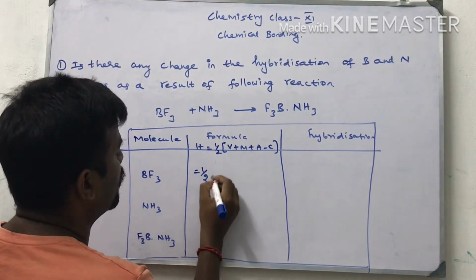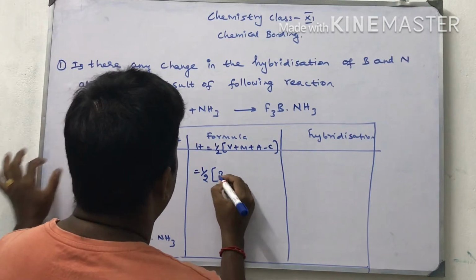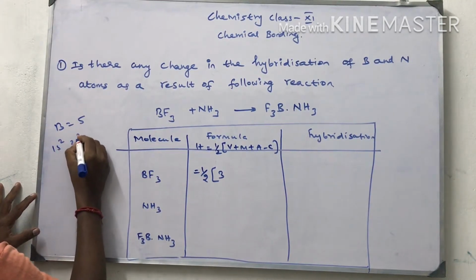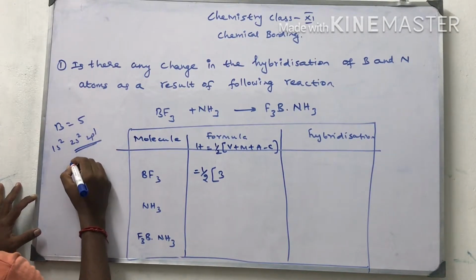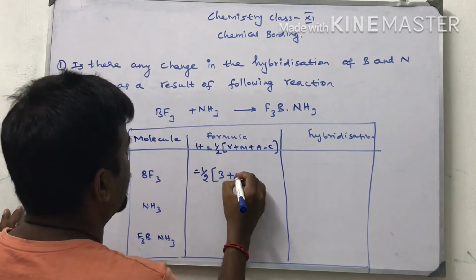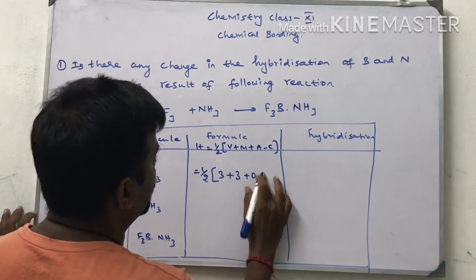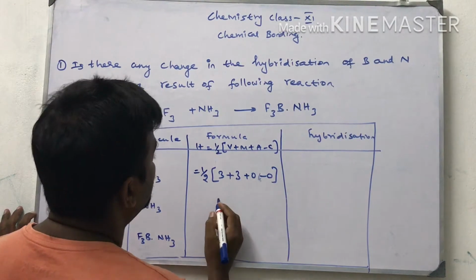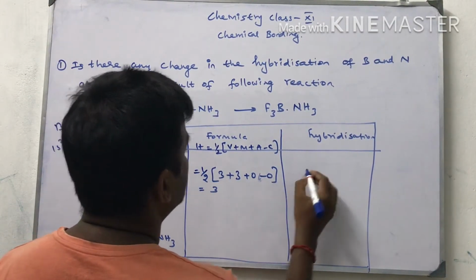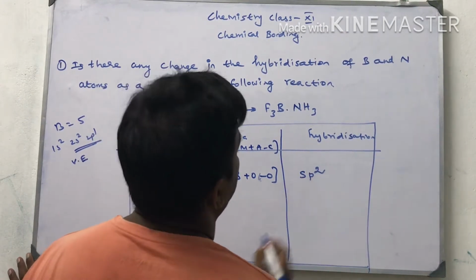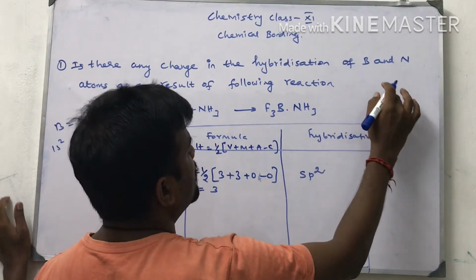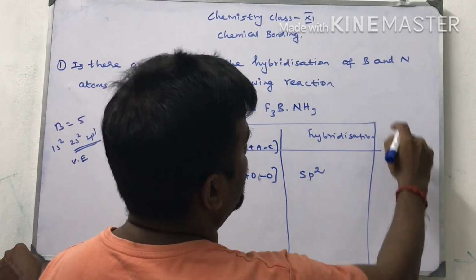So half into valence electron 3, boron atomic number 5, 1s2, 2s2, 2p1, so valence electron equals 3. So 3 plus how many surrounding atoms? 3. No anion, no cation. So the hybridization is equal to 3, so sp2 hybridization.